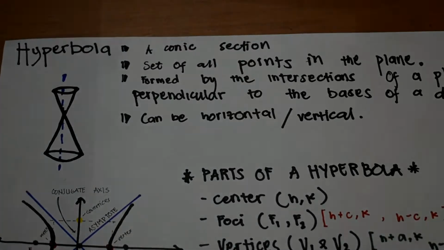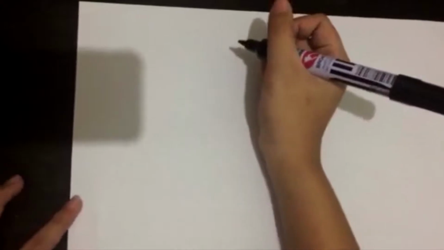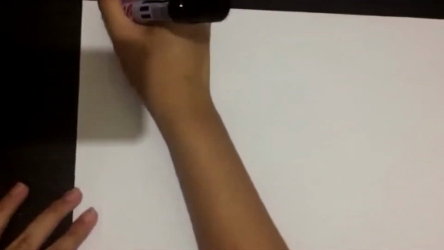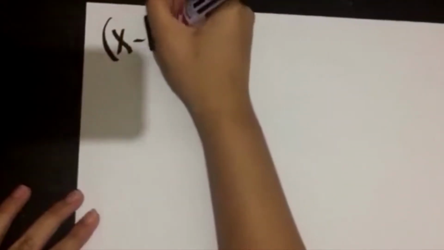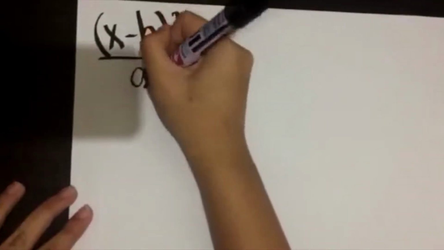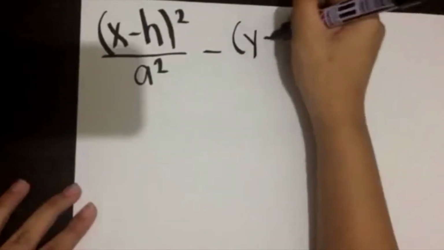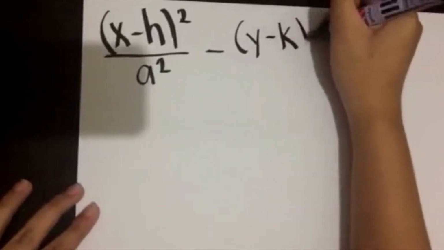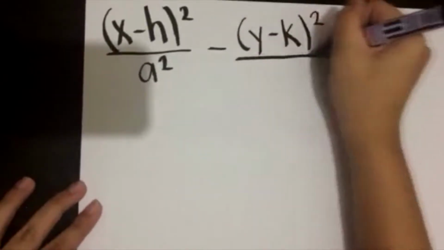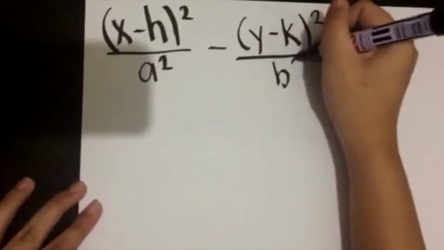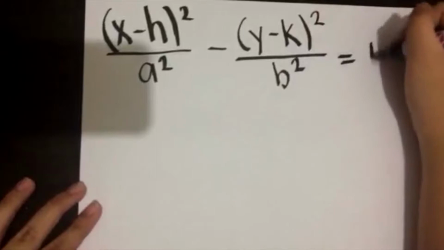How we define hyperbola: the standard equation of the horizontal hyperbola is (x minus h) squared over a squared minus (y minus k) squared over b squared equals 1.